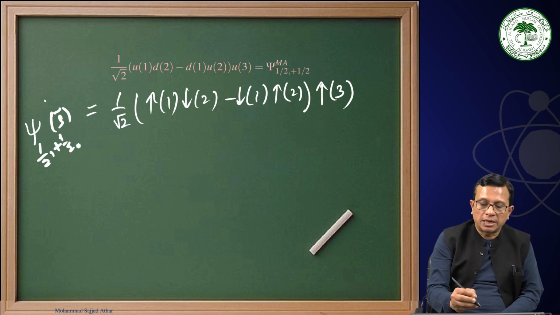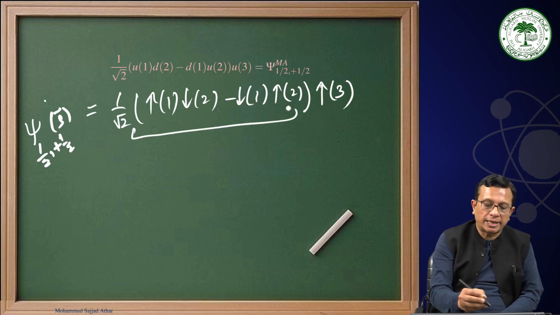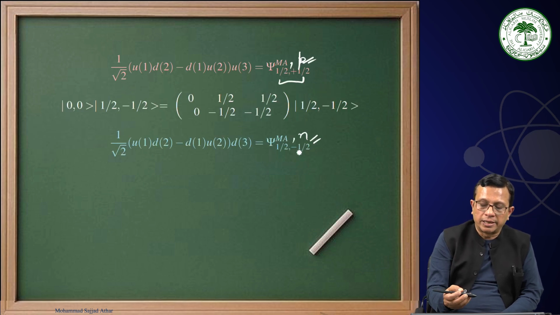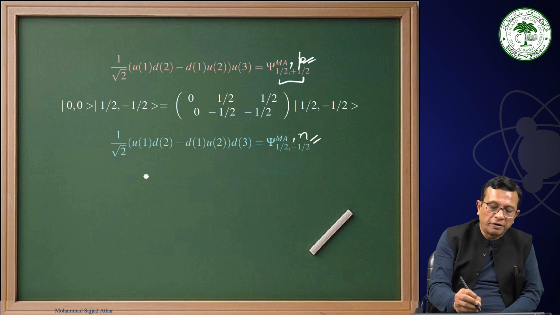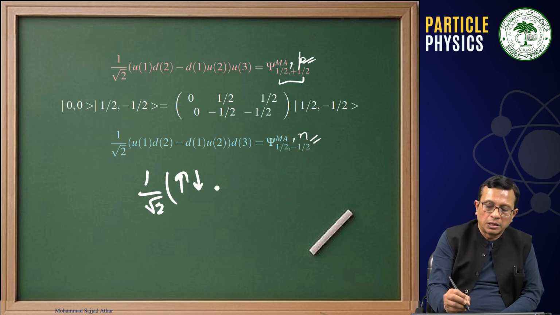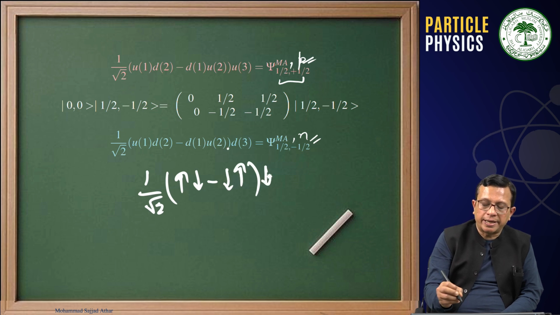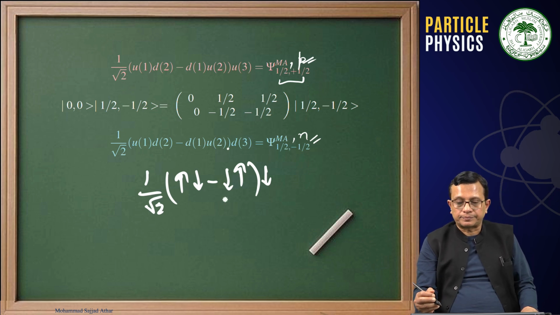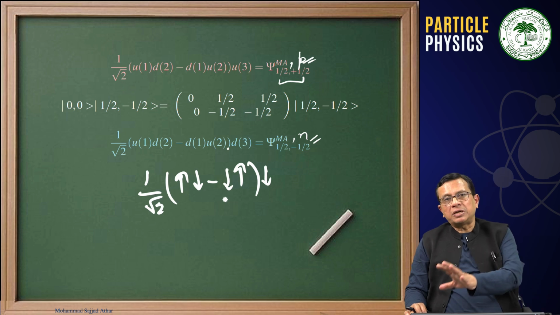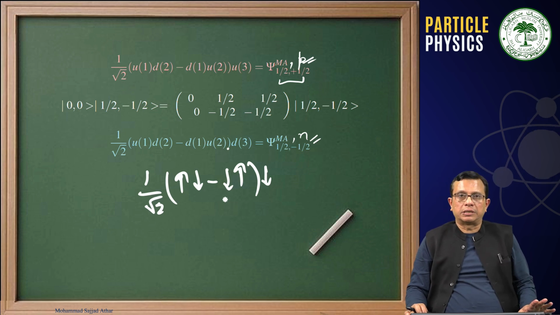Similarly, for the other case, which is also anti-symmetric, the equivalent spin wave function will be 1 by root 2 (up down minus down up), and then we add the third state, a down quark. Therefore, up down down minus down up down. This is what we will get for the flavor wave function and for the spin wave function.